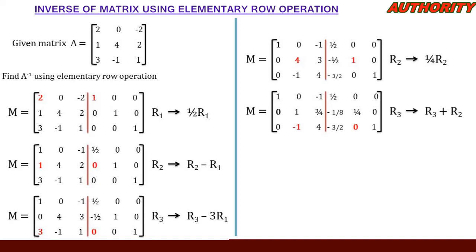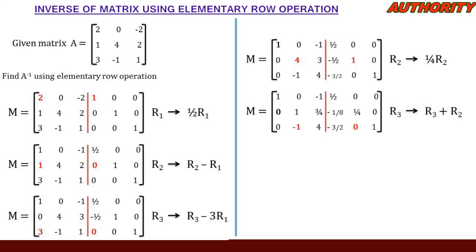Now, in statement form, we are going to replace row 3 with row 3 plus row 2. Because we say minus 1, which is in row 3, plus 1, which is in row 2. So that's why we say we're going to replace row 3 with row 3 plus row 2.